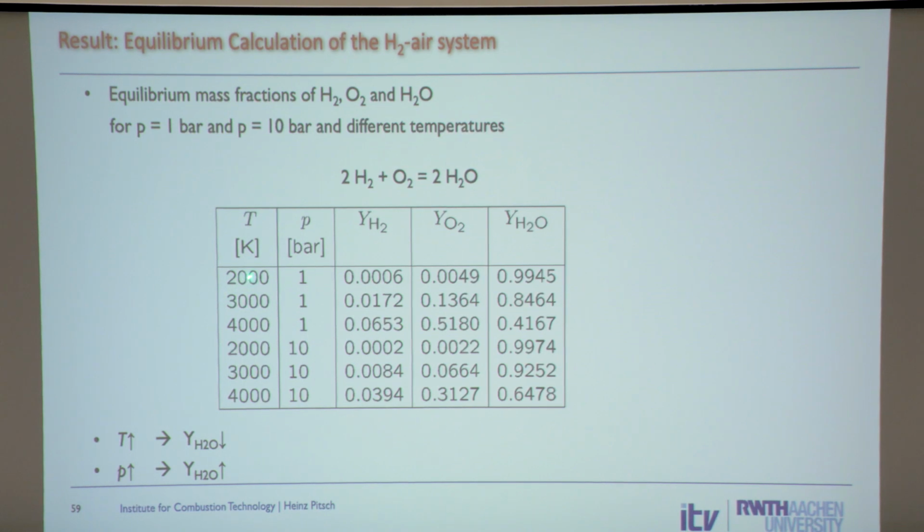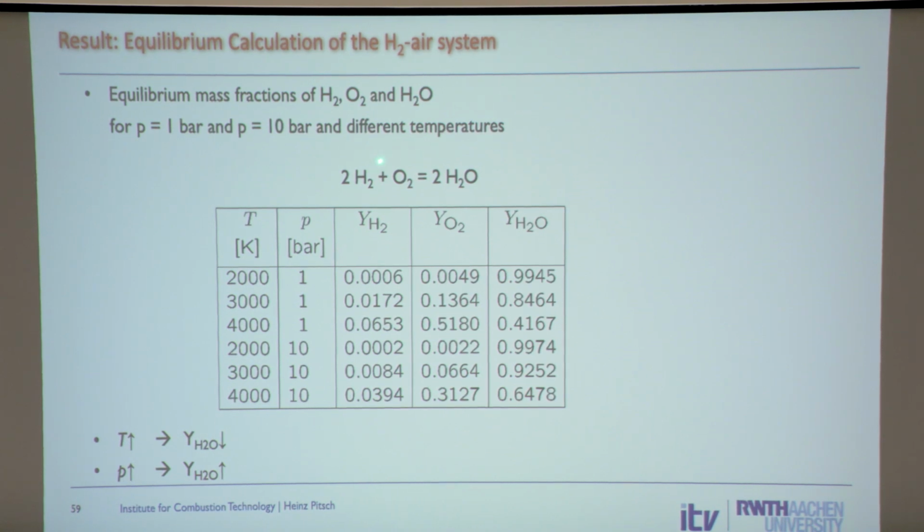And then if you look at the pressure, for example at the higher temperature, 4,000 Kelvin, at 1 bar we get 0.4. At 10 bar, we get 0.6. So increasing the pressure shifts the reaction to the products.